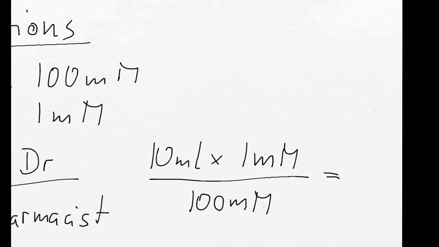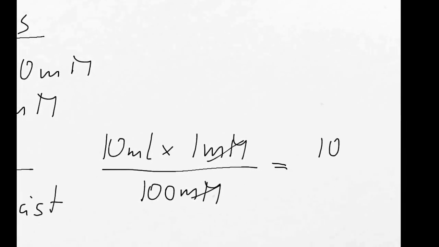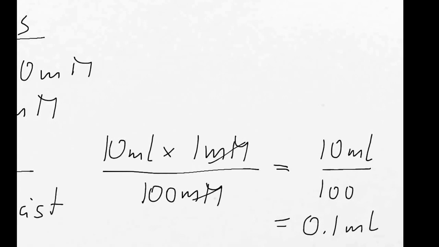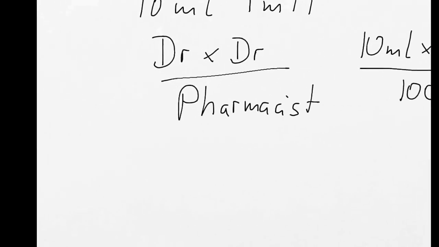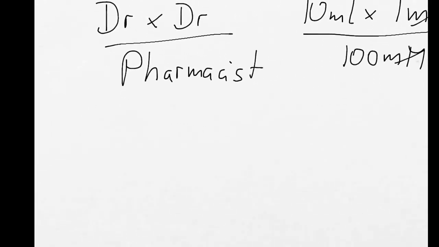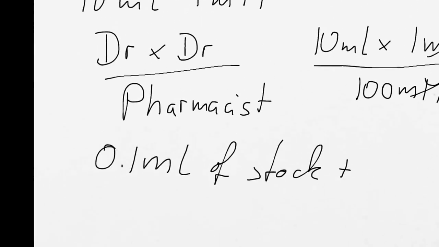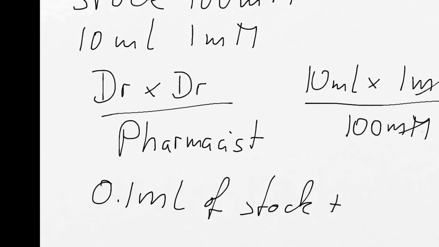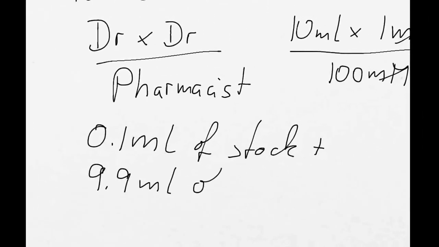Well, the millimolar cancels out, and we have 10 milliliter divided by 100, and this gives 0.1 milliliter of the stock solution. So I need 0.1 milliliter of stock, plus 9.9 milliliter of water, and we make up the rest with water or buffer.